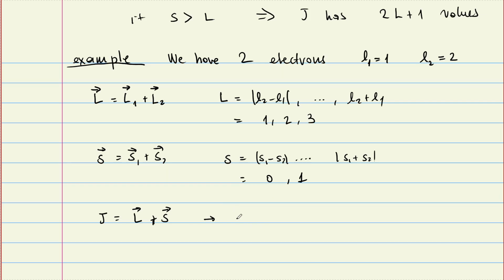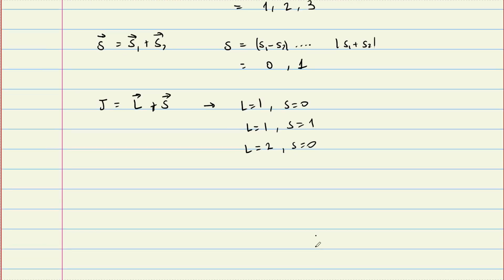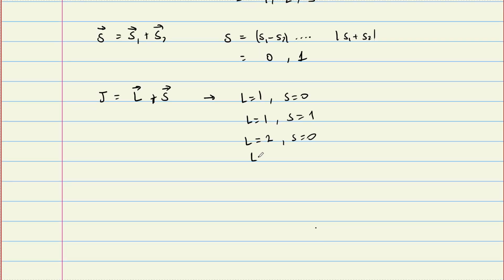So it's going to be L is equal to 1 and S is equal to 0. L is equal to 1, S is equal to 1. L is equal to 2, S is equal to 0. And L is equal to 2, S is equal to 1. L is equal to 3, S is equal to 0. And L is equal to 3, S is equal to 1. All the possibilities are considered.